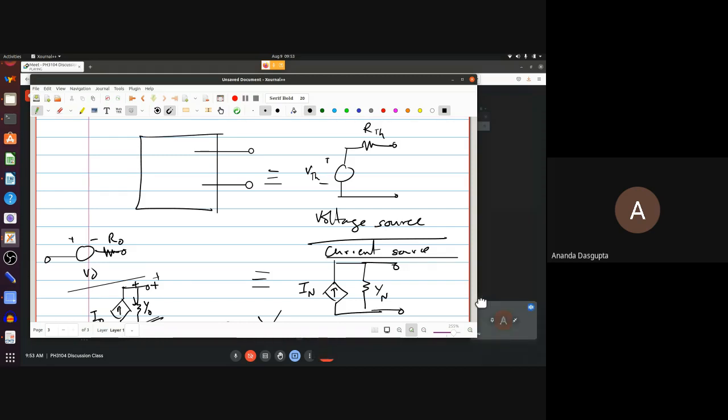But the point I'm trying to make is, in order to understand what happens, you don't have to know the internals always. But there are internal mechanisms which cause voltage drops inside the source. Similarly, there are internal mechanisms which cause current diversion inside a current source.